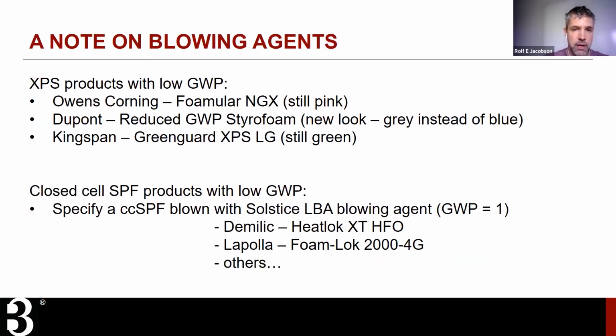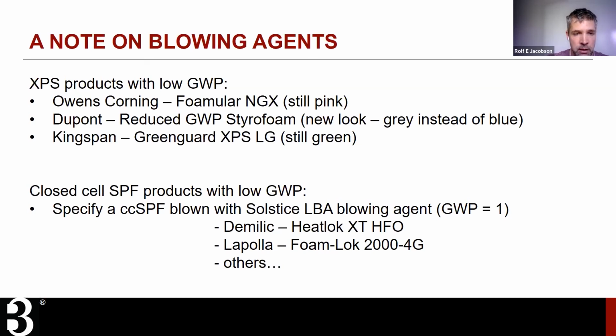And Kingspan makes GreenGuard XPS LG. All of those are the low GWP options. They're blown with the HFO blowing agents. And if you use those, then we can avoid the really super high GWP of the other XPS products.